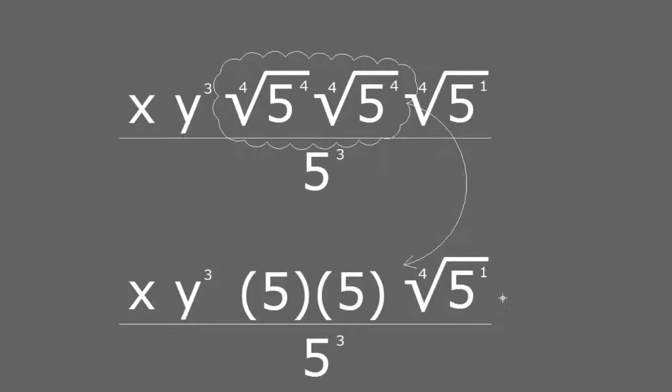So again, it looks like I took them outside the radical sign, but what I did was separate and simplify. Again, this is a step that if you know it, you can skip it and just take it right outside of the radical sign if you see it with an exponent 4 and the grade is also 4.